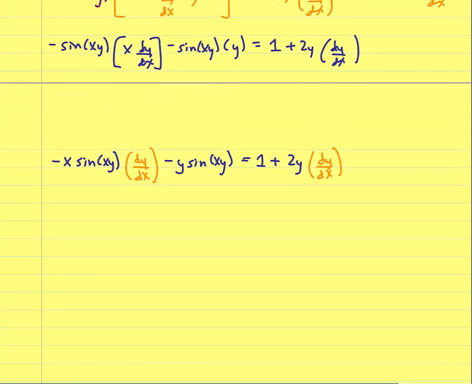So now when I solve for dy/dx, I want all my dy/dx's on the left, everything else on the right. So I'm going to add y sine(xy), and I'm going to subtract 2y dy/dx.